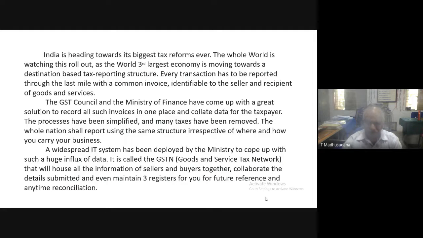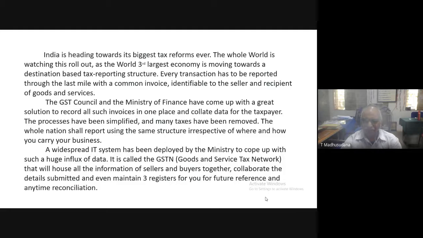The process has been simplified and many taxes have been removed. The whole nation shall report using the same structure, irrespective of where and how you carry your business. A widespread IT system has been deployed by the ministry to cope up with such a huge influx of data.